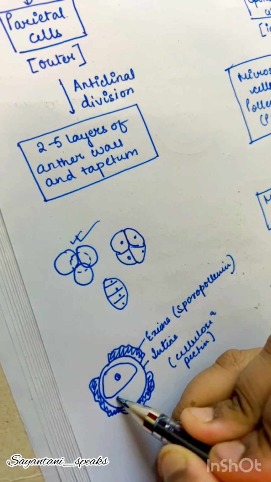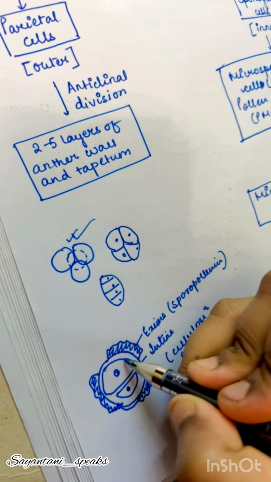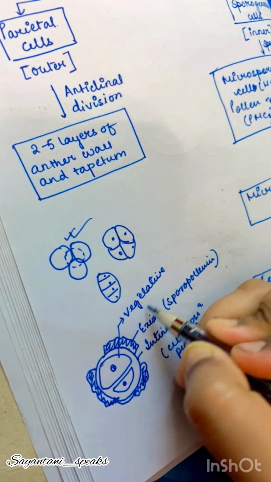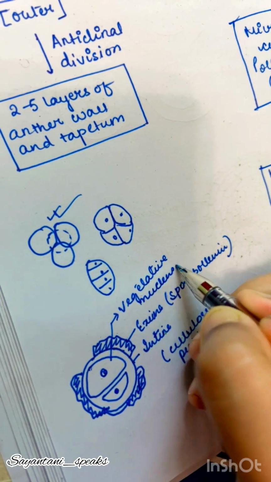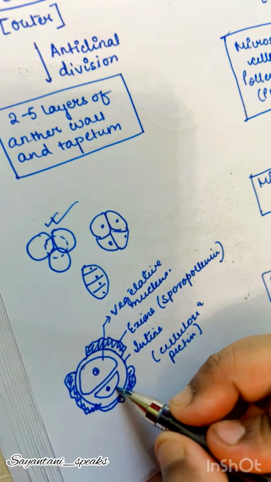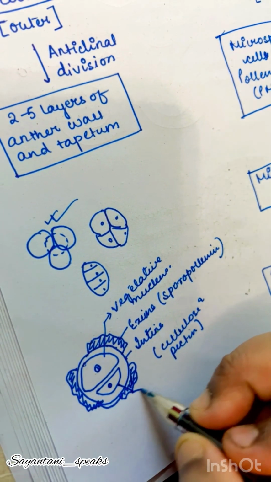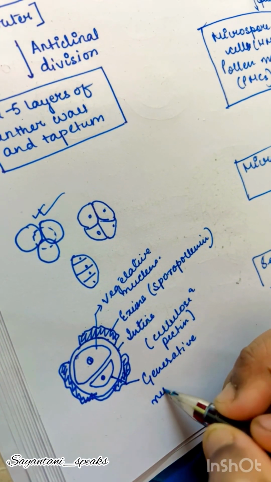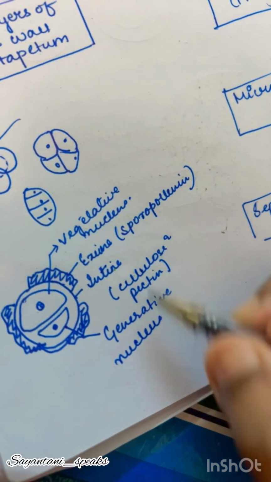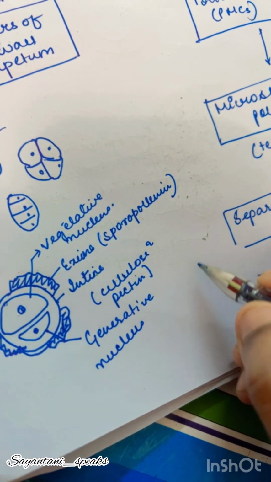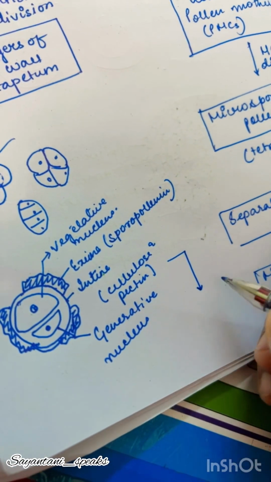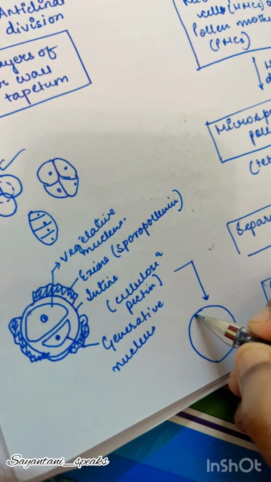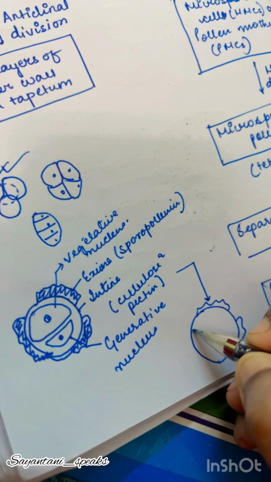Now inside this we have a vegetative nucleus and a generative nucleus, which later act as a vegetative cell and a generative cell. When these undergo maturation, they form a three-celled stage structure, which is the matured pollen grain.